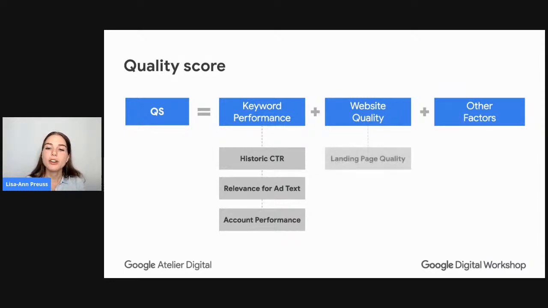Another important criteria is your website quality. And what's meant by this is your landing page quality. Again, to really give a user a super user experience, make sure that that keyword that you're bidding on isn't just in your ad text, but also on the landing page you're directing the user to once that user clicks.